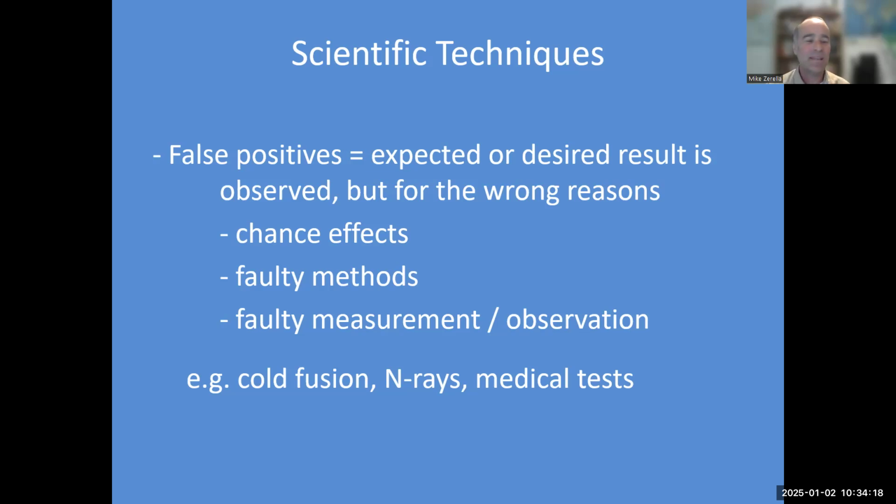N-rays is sort of a quirky historical example that I like. This was soon after X-rays were discovered. X-rays are invisible to our eyes, so we need special devices, special techniques for detecting them. And once they were detected, scientists were really kind of blown away.